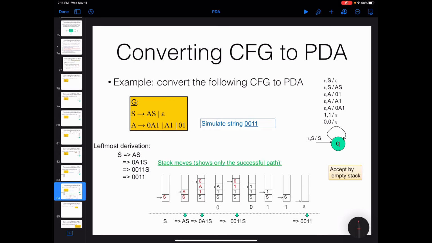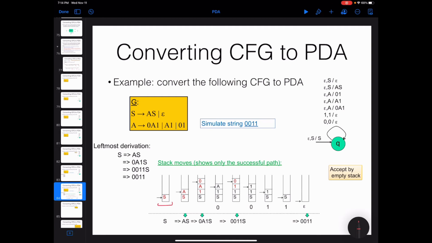So this is exactly showing you this simulation, to see what we are going to do over this string. You start from this situation. We don't have anything except the initial token of the stack, which is S, right?